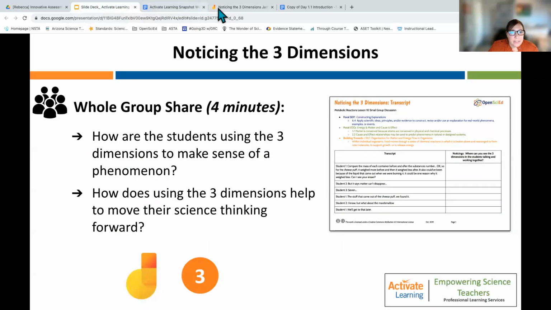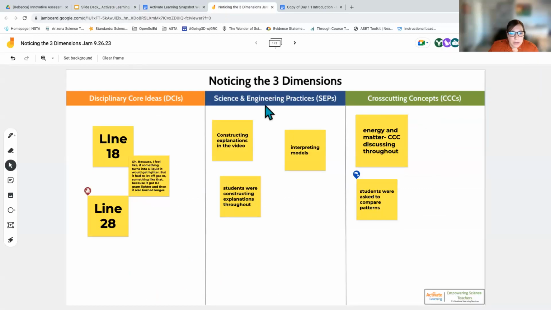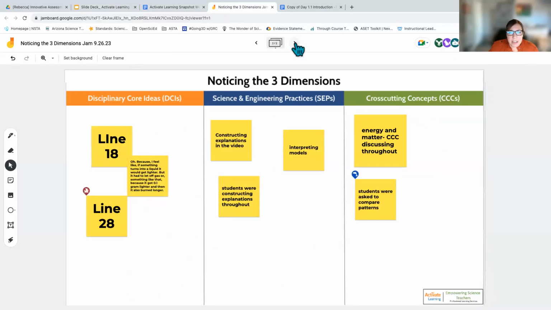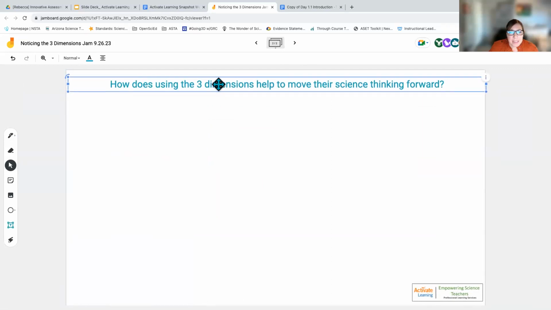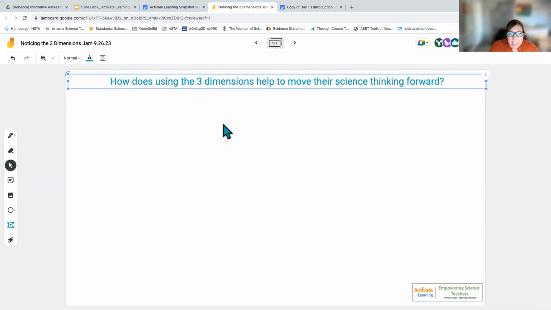And then if we're feeling like we don't have too many more pieces of evidence here, I did build another frame. So thinking of, generally speaking, how does using the 3 dimensions help to move their science thinking forward? So if you have any general ideas you'd like to put on this frame, come on over.